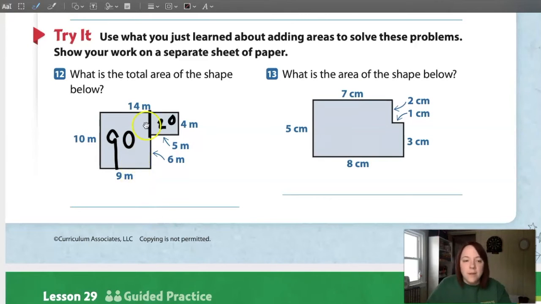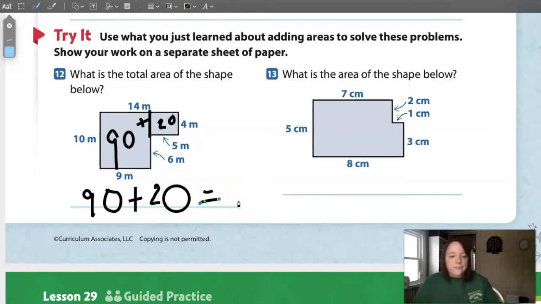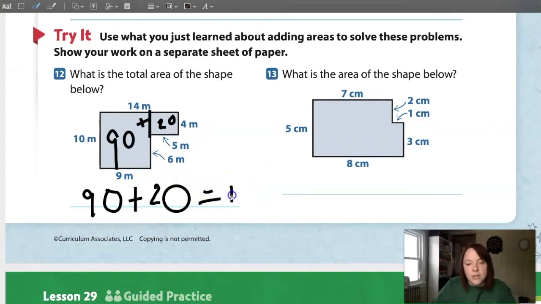So if you saw me up above, you know that you have to add them. So 90 plus 20 equals what? Well, it equals 110.